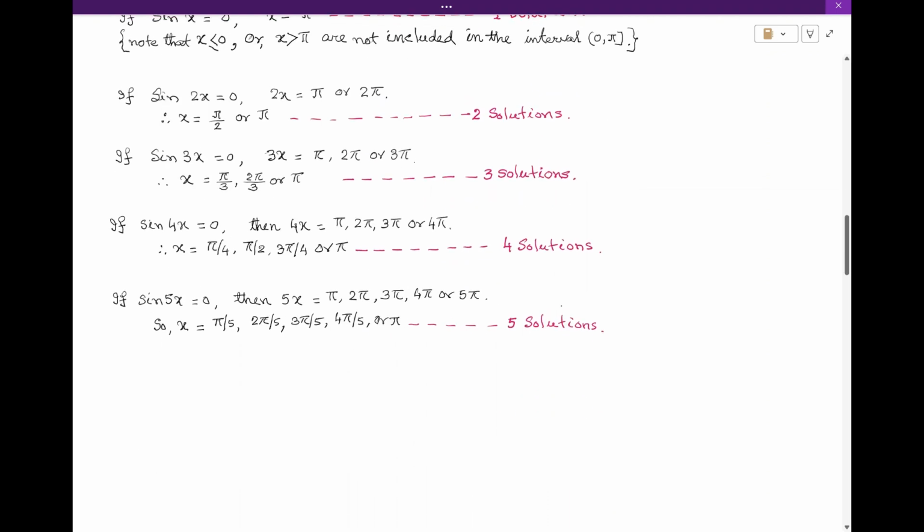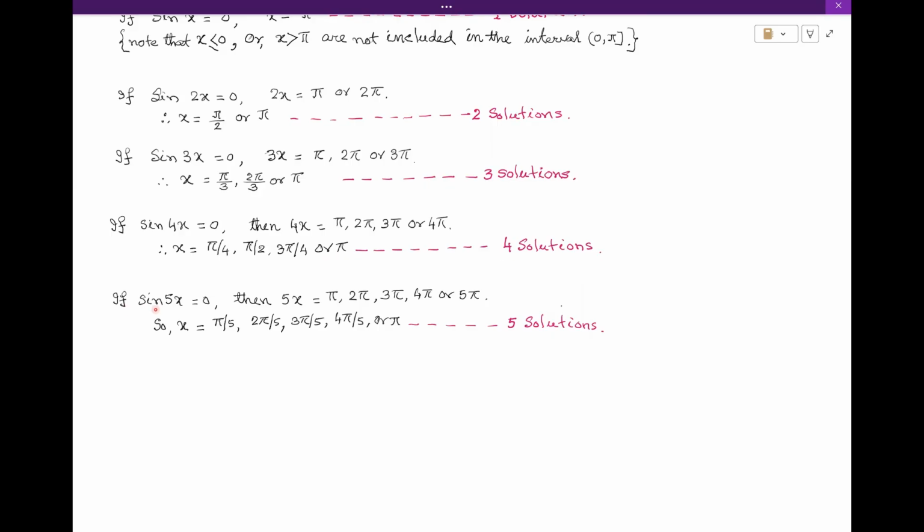Similarly, if sin 4x is equal to 0, then 4x is equal to pi, 2 pi, 3 pi or 4 pi, and that gives us x is equal to pi by 4, pi by 2, 3 pi by 4 or pi. This gives four solutions.